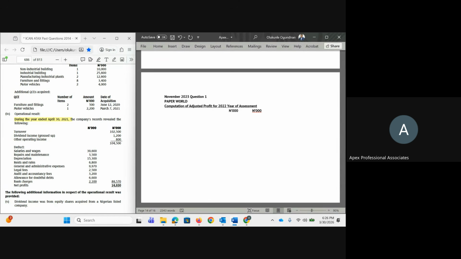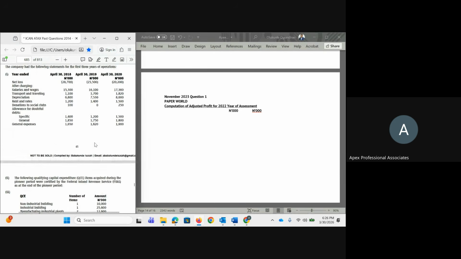The reason is because remember that your accumulated profit in the pioneer period is ignored. But when you make losses in the pioneer period, you have to be careful to be sure that the losses are the accurate losses that were made. Do you understand? So let's check, did they make profit or loss in the pioneer period?